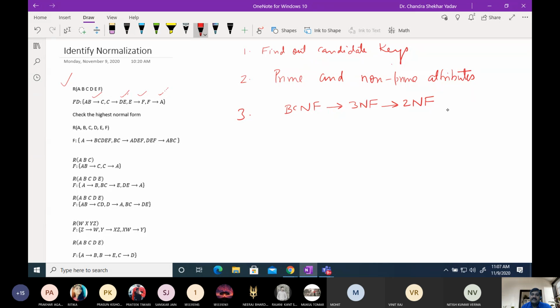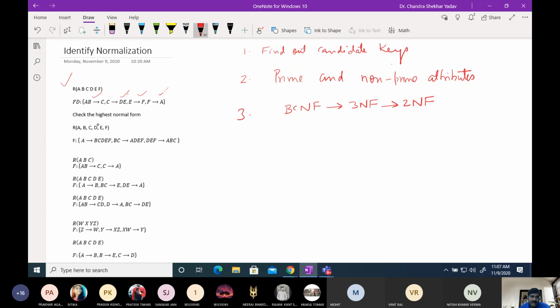We will not check the constraints of first normal form. Why? Because by default all the relations are in first normal form. Did you get it? These are the steps for identifying the normal form of R.